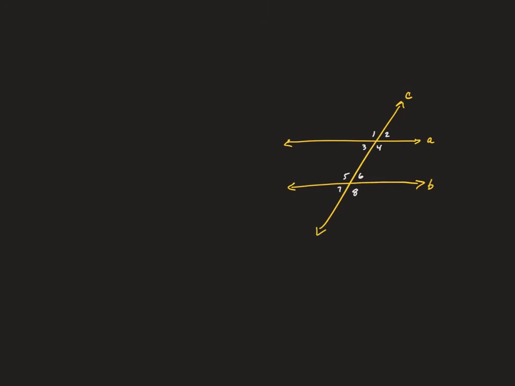Okay, as we examine what we have here, so figure number 1, we can see that lines M and N are parallel to each other, and the transversal is going to be line L. Those three things are going to be facts for all of these diagrams.